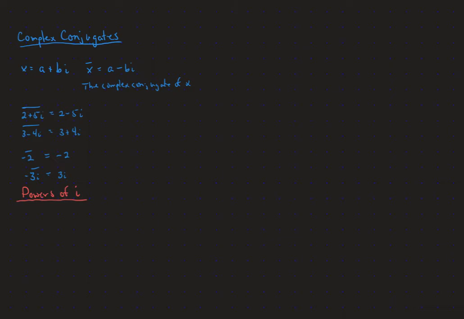Now there's some kind of interesting things that happen. When you take a number and multiply it by its conjugate, we're going to end up with something that doesn't have any imaginaries at all. If you recognize that as a difference of two squares, that's what I would hope you would see.